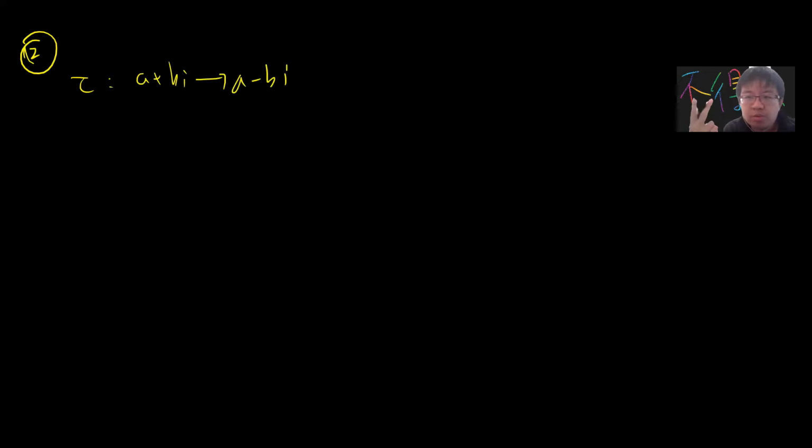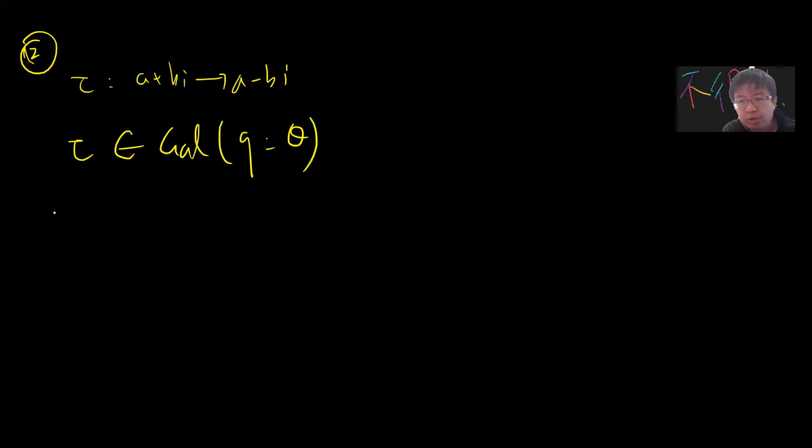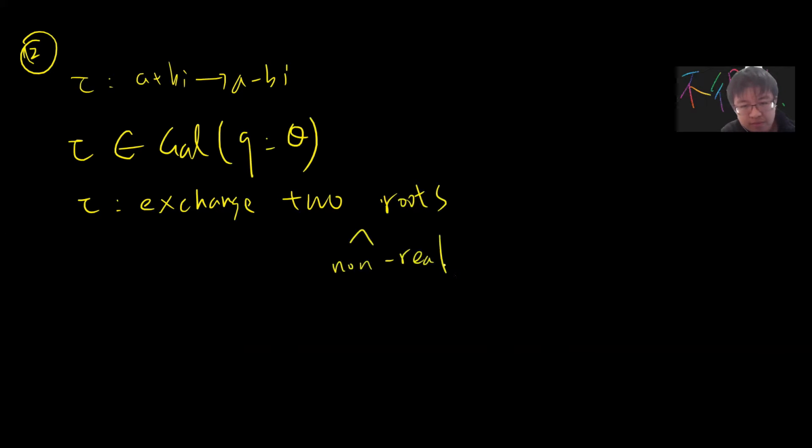But we have only two non-real roots, so they must be exchanged with each other. So tau belongs to the Galois group of Q over Q, and tau induces an action on the roots by exchanging the two non-real roots.